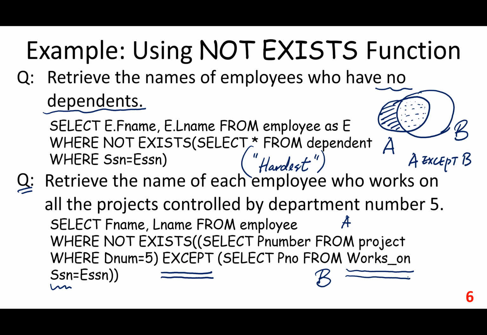The project numbers controlled by Department 5. That's the A set. Okay. Yeah. And other, yeah, because for one selected employee, all the projects he or she is working on must all belong to Department 5.